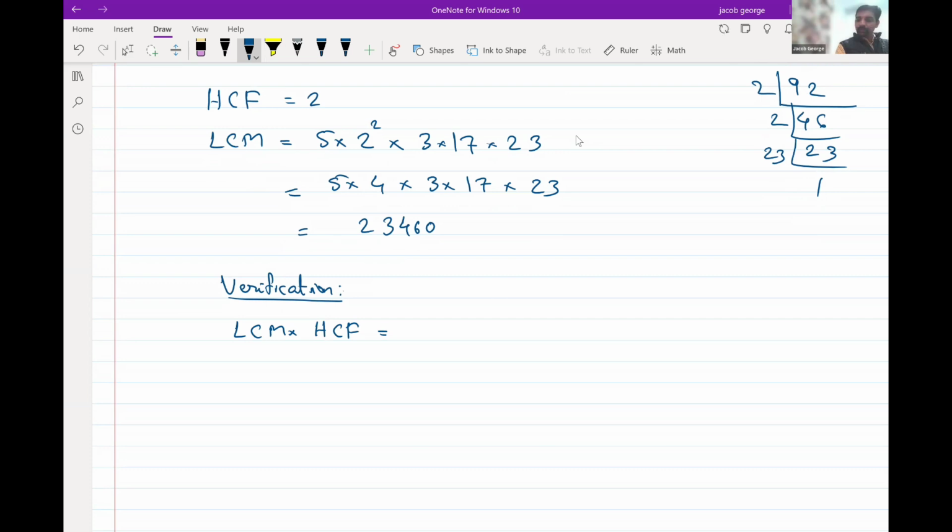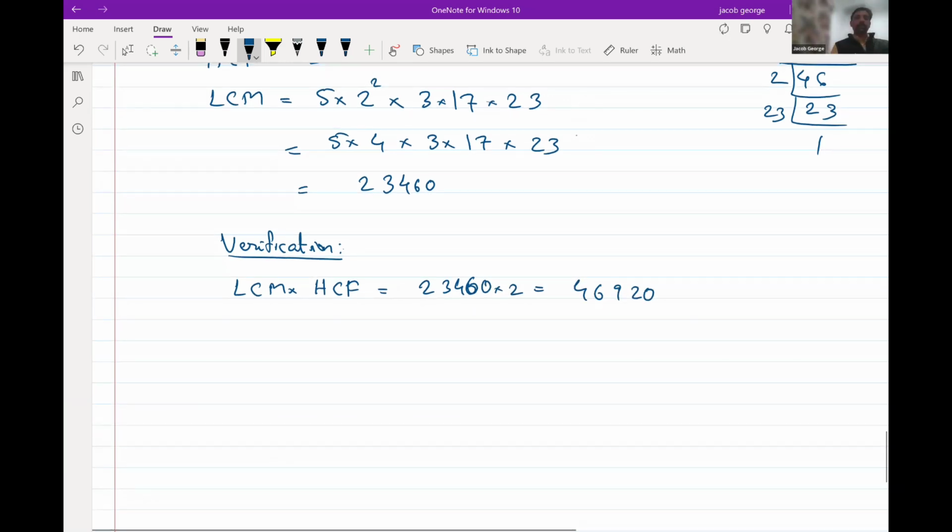HCF is 2. So LCM 23460 into 2. How much did you get? 46920. All of you found that.